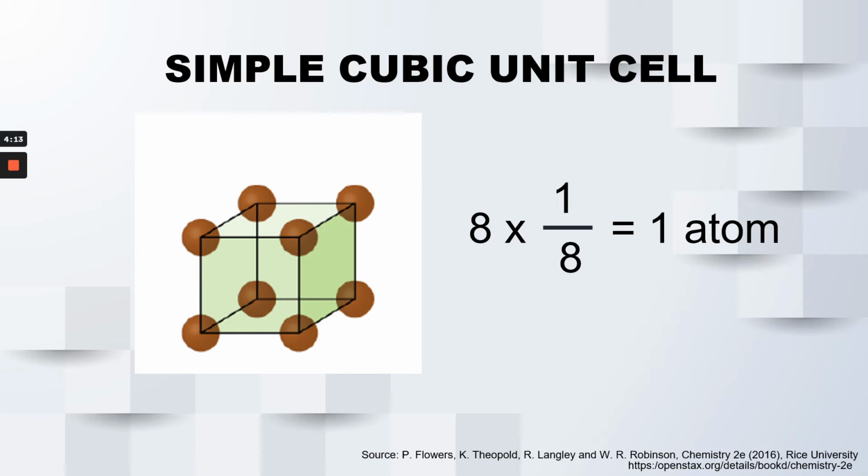We can say 8 times 1/8, because we have 8 atoms and we divide by 8 corners, so we have just 1 atom contained in the simple cubic unit cell.